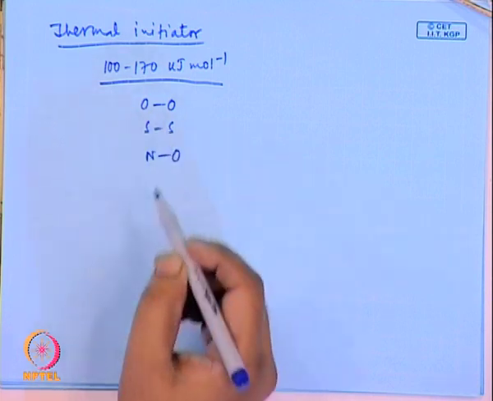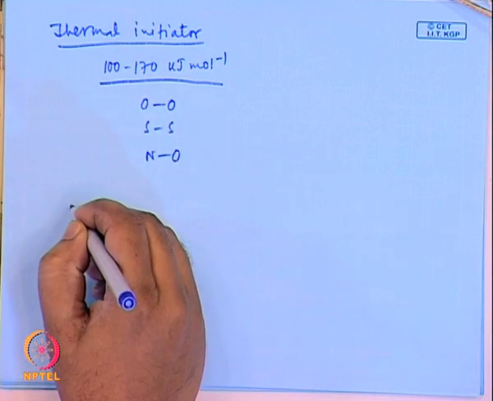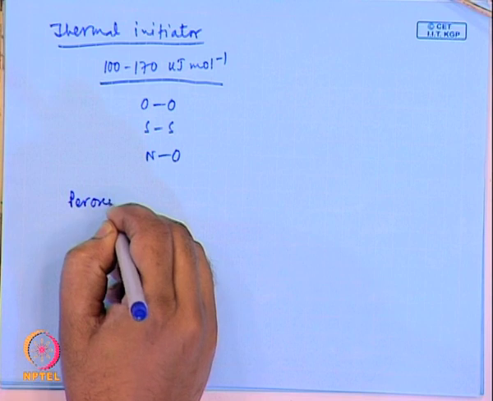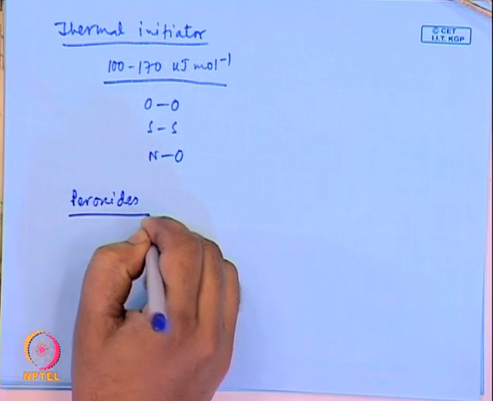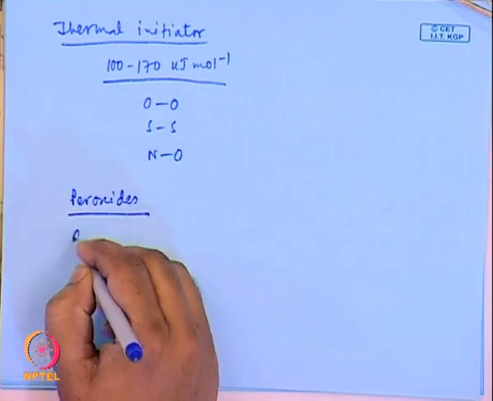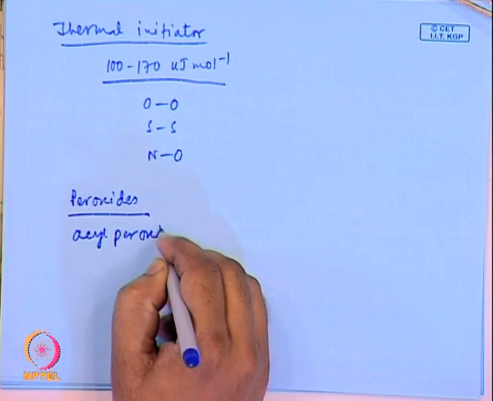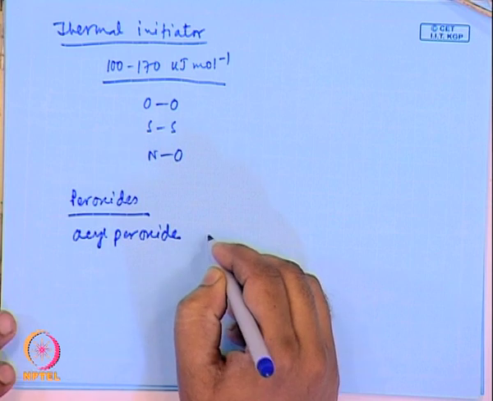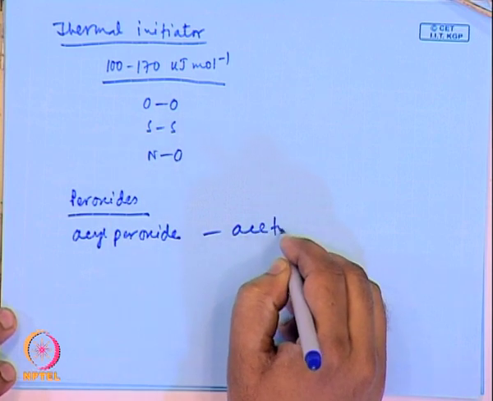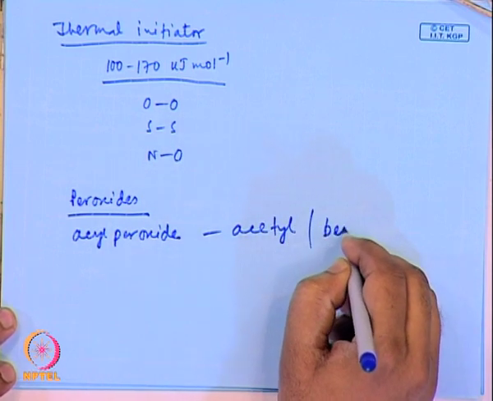For example, if you consider these peroxides, could be acyl peroxide, acetyl or benzoyl.